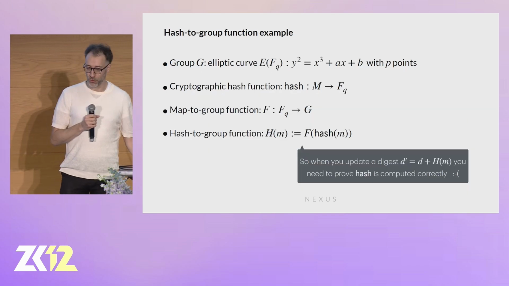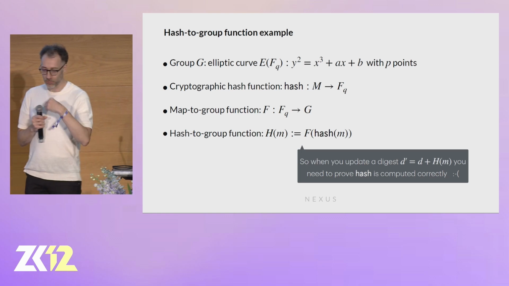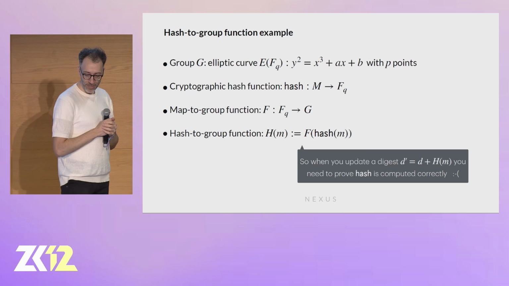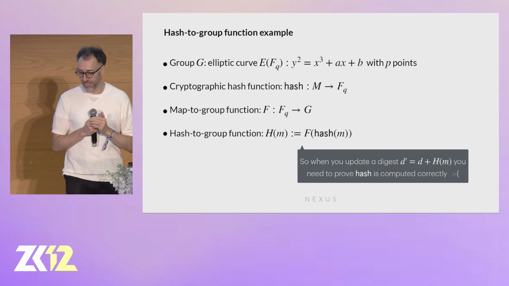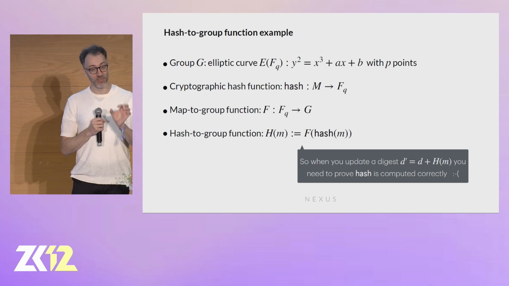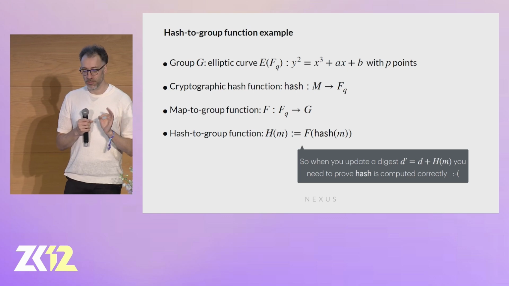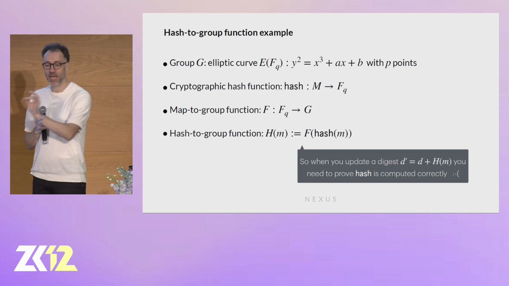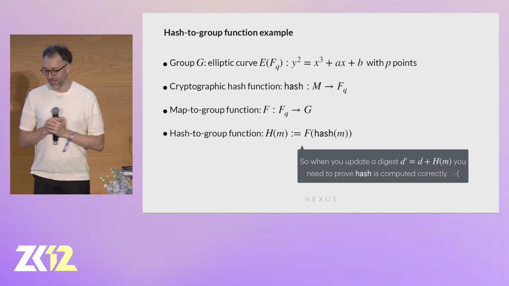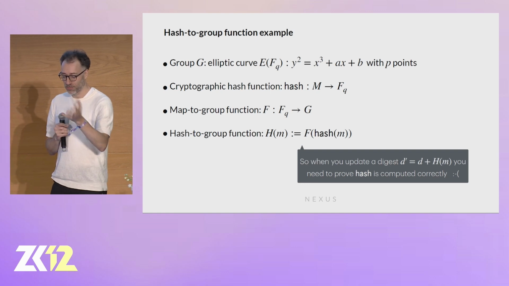So how does that usually work? Well, you have the group. That could be an elliptic curve. Let's say it has a prime number of points for simplicity. We can generalize that. We have a cryptographic hash function that maps into the field F_q, and then we typically have a map to group function that maps into the group. The hash to group function is the composition of those two.